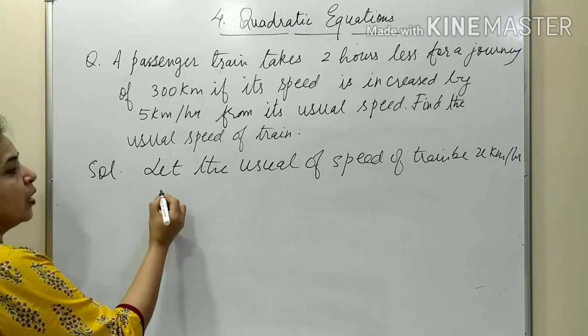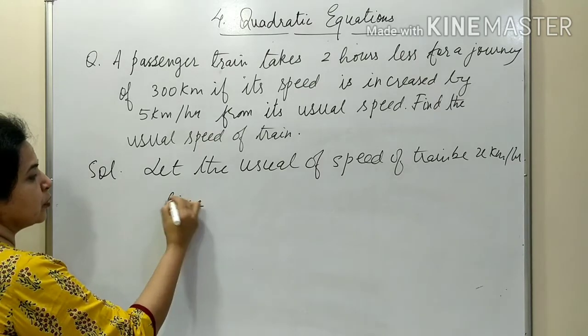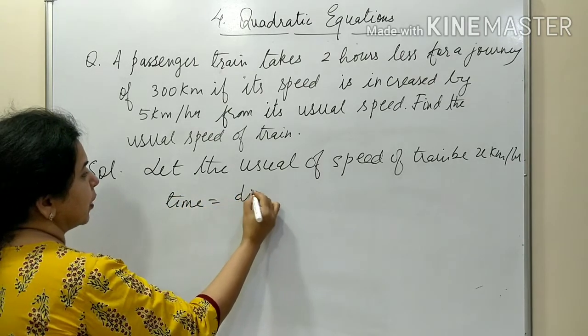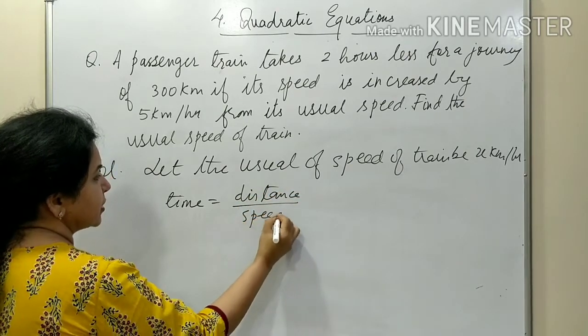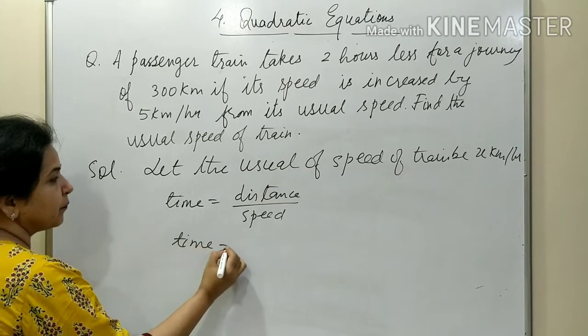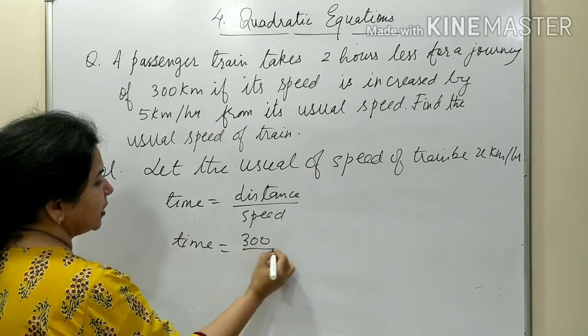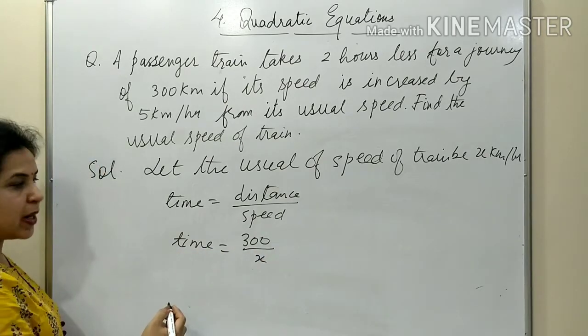Then we know that time equals distance upon speed. In this case, when the usual speed is x, the distance is 300 km and the speed is x, so the time is 300 by x.